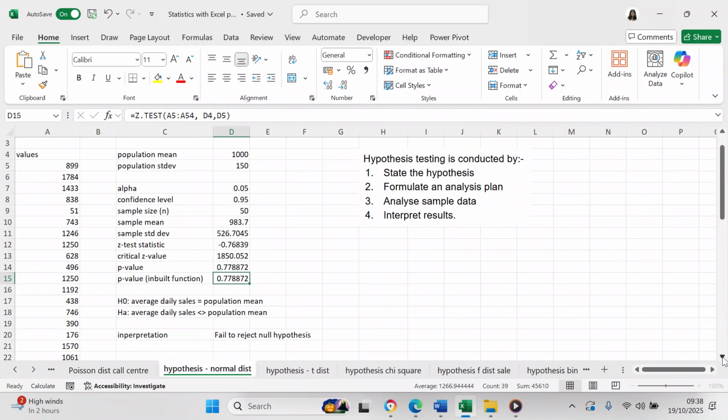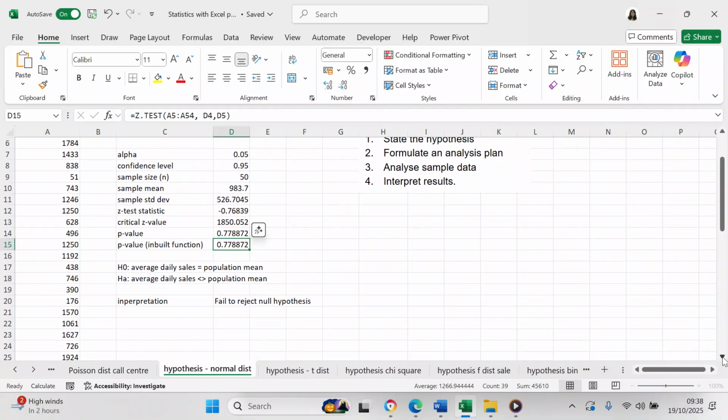Now we should have defined this at the very beginning, but your null hypothesis is the average daily sales equals the population mean, and your alternate hypothesis is the average daily sales does not equal the population mean. So we're going to interpret this. If D15, your p-value, is greater than D7, your alpha, you're going to type fail to reject the null hypothesis.